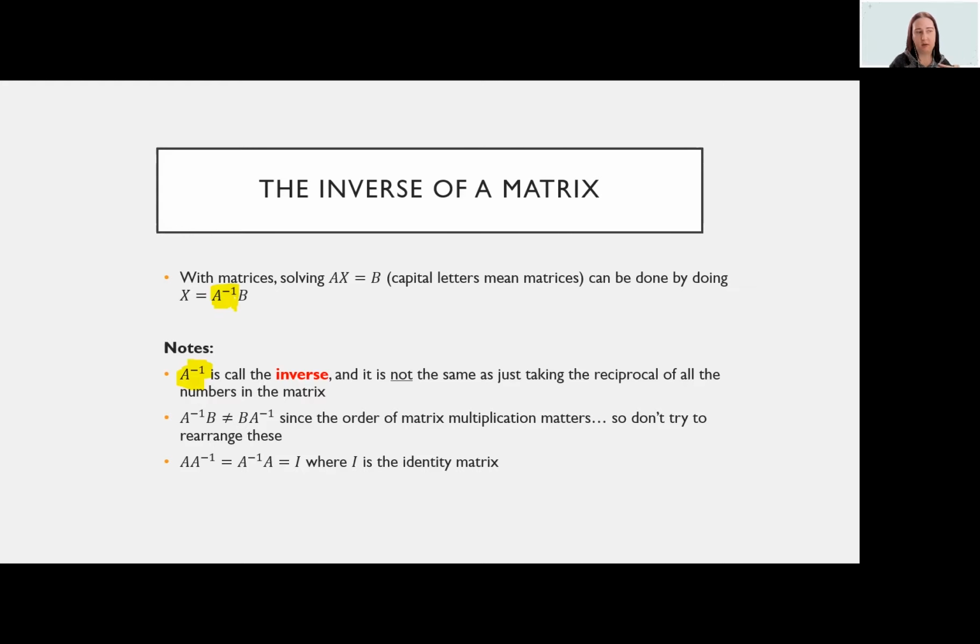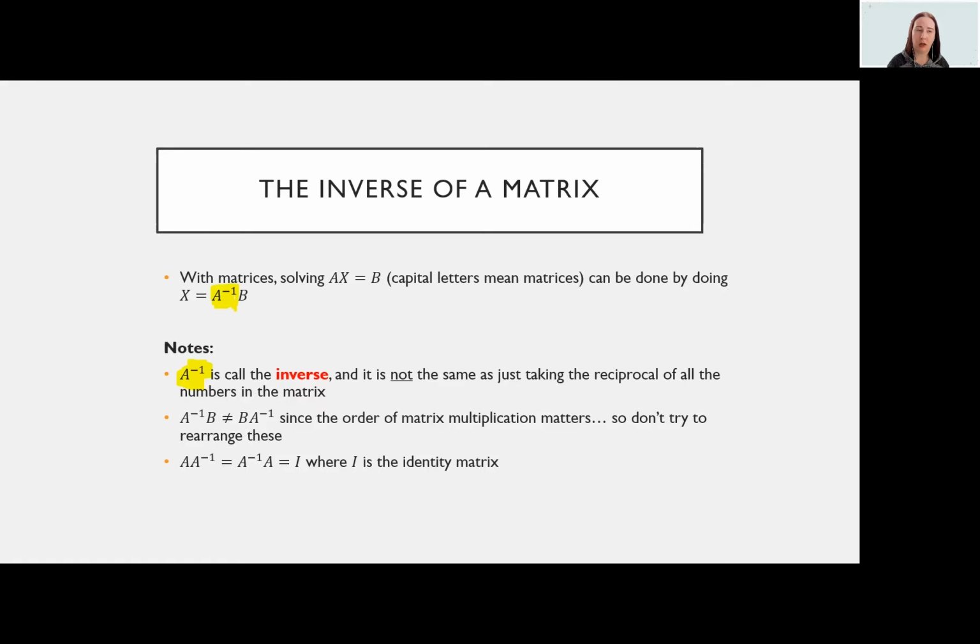And the inverse is not just taking the reciprocal of all the numbers in the matrix. It doesn't work that way, unfortunately. So we're going to have this new notation here, A to the negative 1, indicating that we have the inverse. And just one thing to note is that the order of multiplication here does matter.